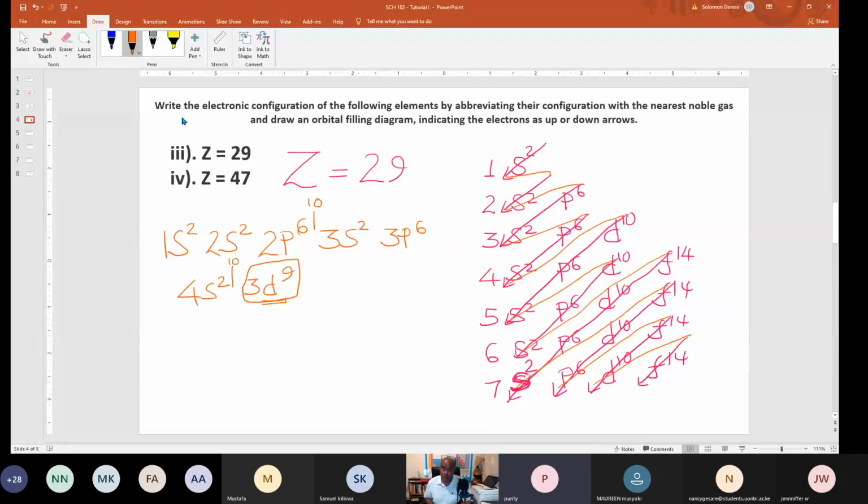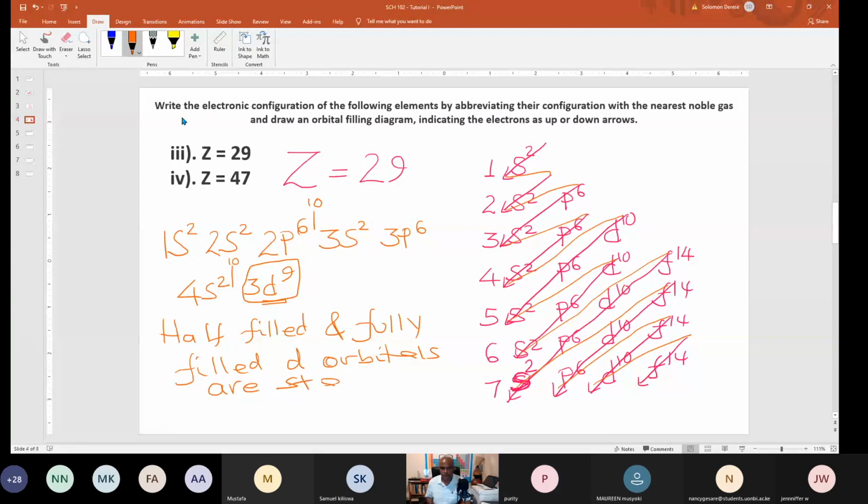So what we're going to say is that half filled and fully filled D orbitals are stable.